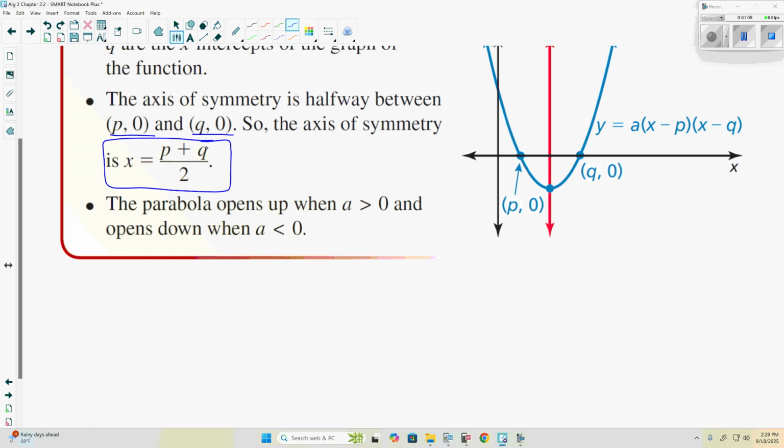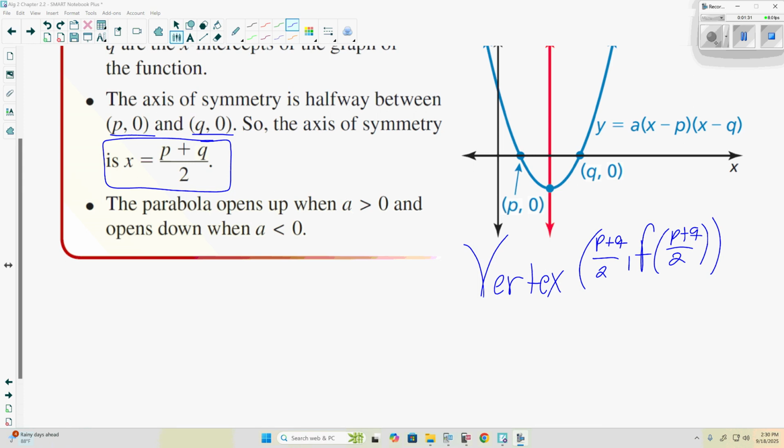Now the axis of symmetry is going to be x equals p plus q over 2. Now the vertex is going to be the point p plus q over 2, comma f of p plus q over 2.